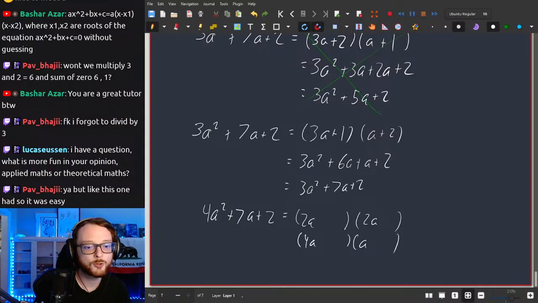So you're getting more things that you have to guess and check. So it does get more and more complicated. The same goes with, if instead of a 2, that's a 6, it could be 1 and 6, or it could be 2 and 3. And you have to check all the combinations. So it does get out of hand.